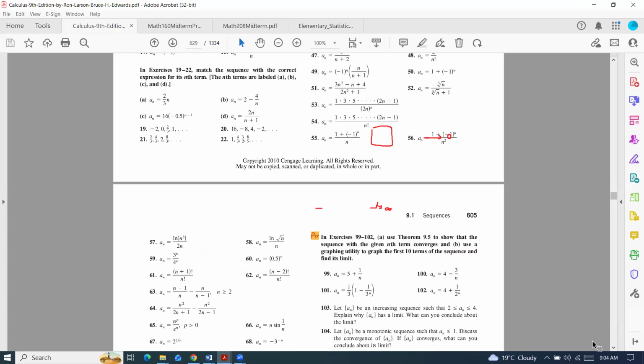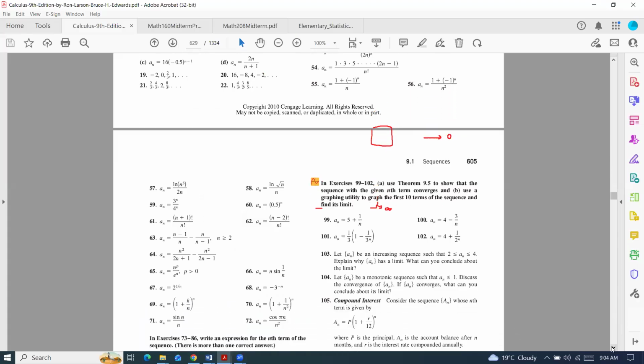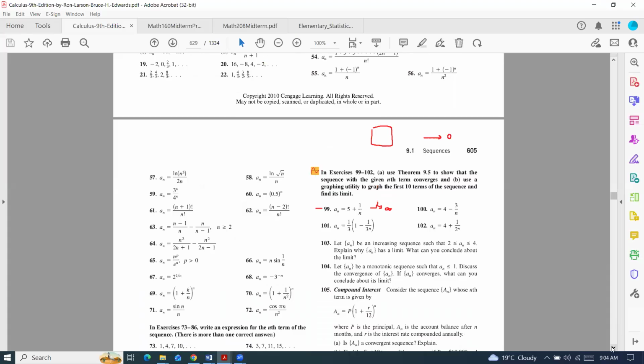But if I try to see exercise like 65, for example, then notice that in 65 we have power of p.